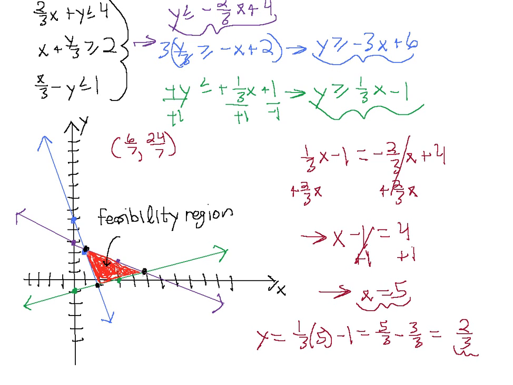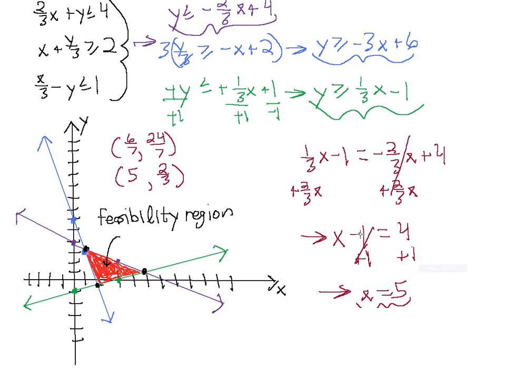And this point where the green line and the purple line intersect is given by the exact solution, 5 and 2/3. All right, so we have solutions for two of the points. Let's go ahead and find the last one, and then we can compare them by plugging them individually into our cost equation.